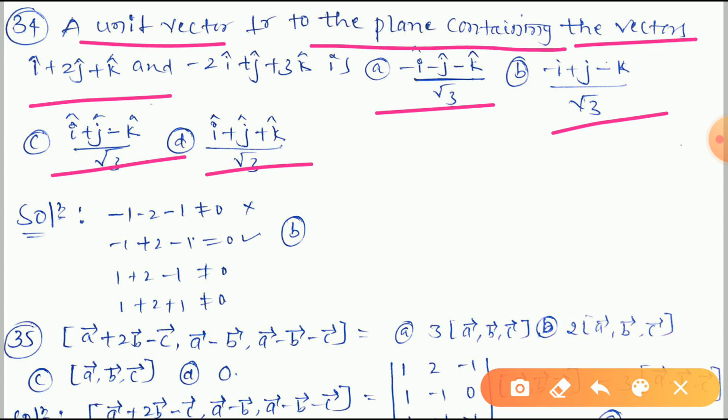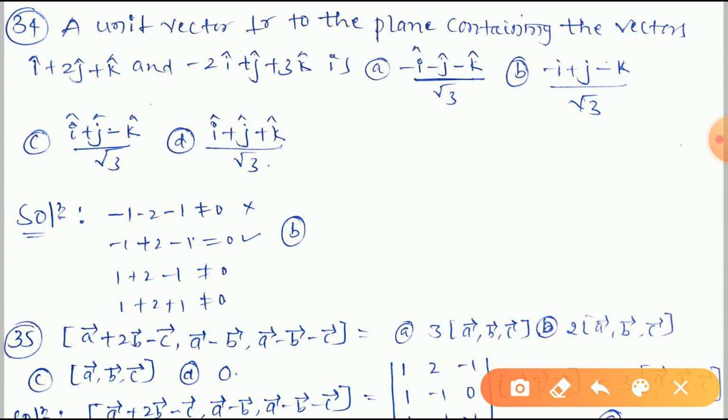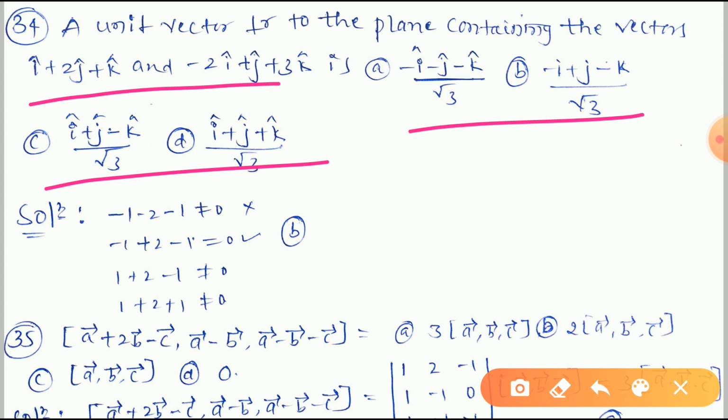Okay, here the given vectors, these two vectors are perpendicular to the given option. Here we know one note: if two vectors are perpendicular to each other, then their dot product is 0.